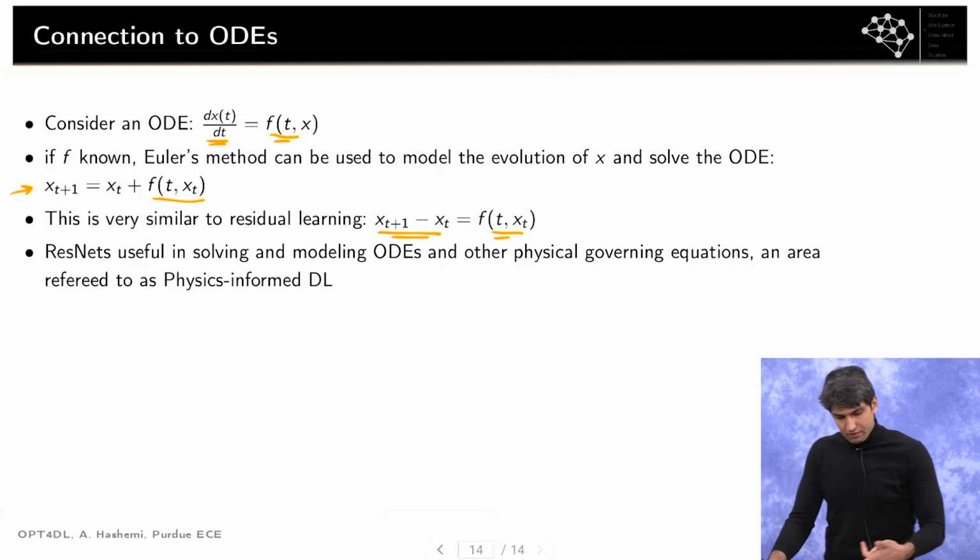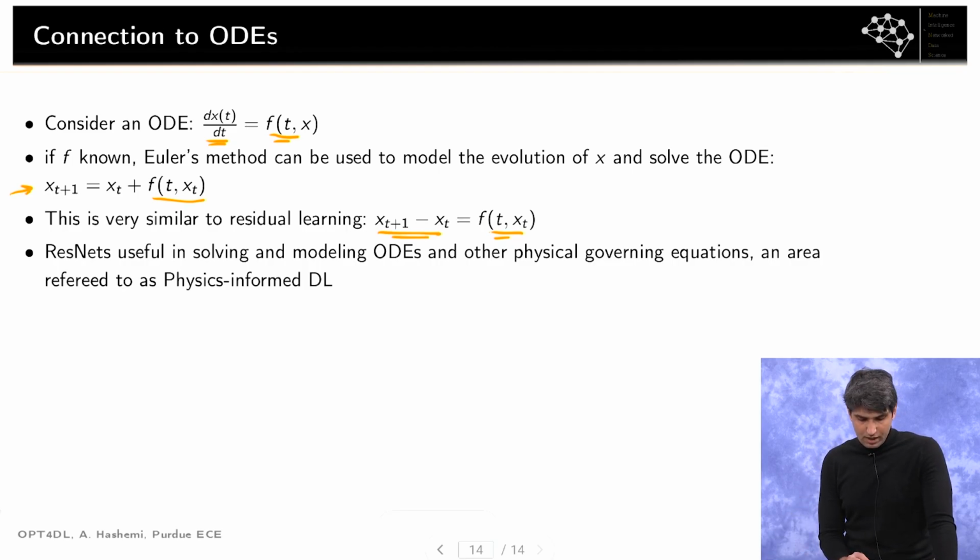So therefore, we see this connection here that the f is basically our residual. So in ResNet, we are trying to learn the residual. Therefore, we can leverage residual networks for solving and discovering governing equations described by, let's say, differential equations.